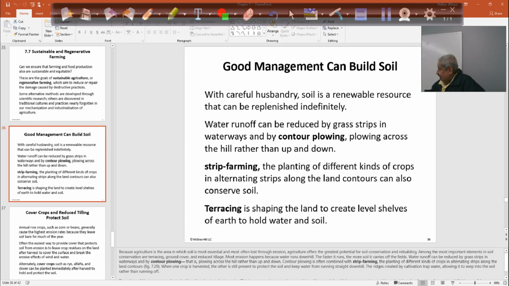Some areas are empty, and you can ask. They'll tell you, this area we just cropped, we have to plant a new crop. We might not need it, but just to make the soil strong, to revive the soil status. And that's what strip farming is.